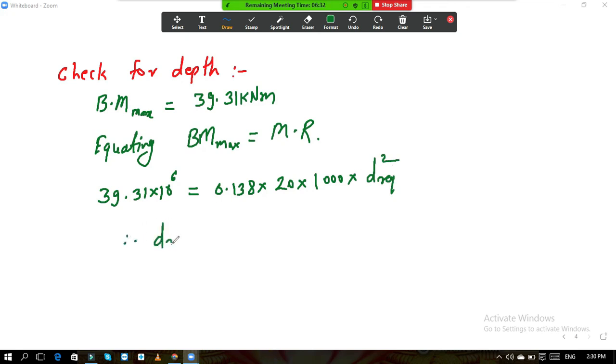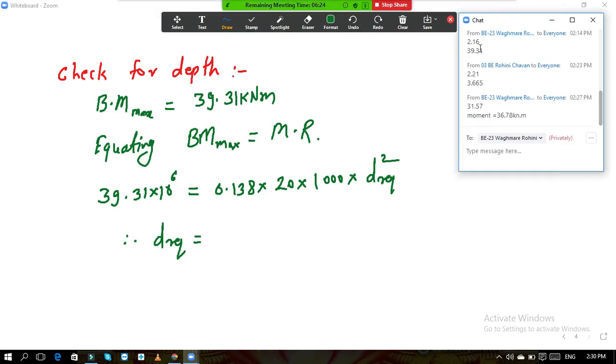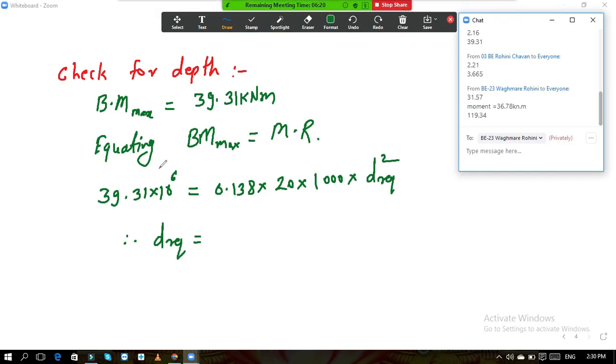Therefore, D required is equal to, calculate the answer. 111.34 mm.